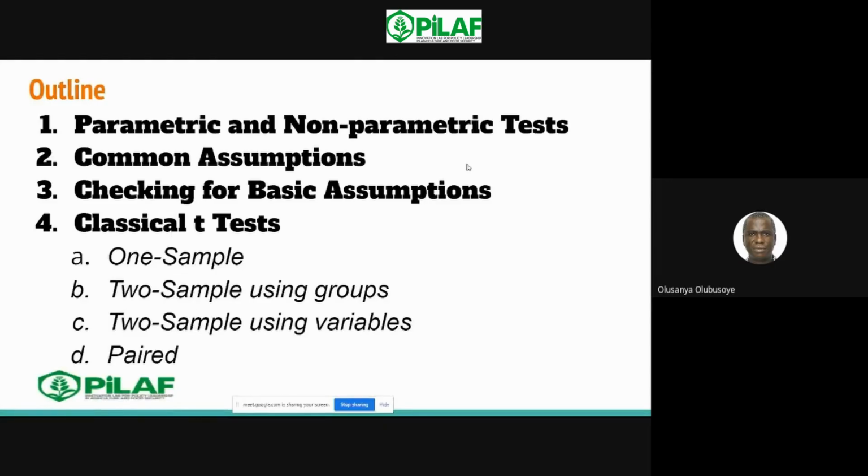After looking at those assumptions, we will check one assumption which is fundamental, and then we will look at the t-test, which is very popular and common. But even then, it has a competitor, which is the normal test, the z-test.